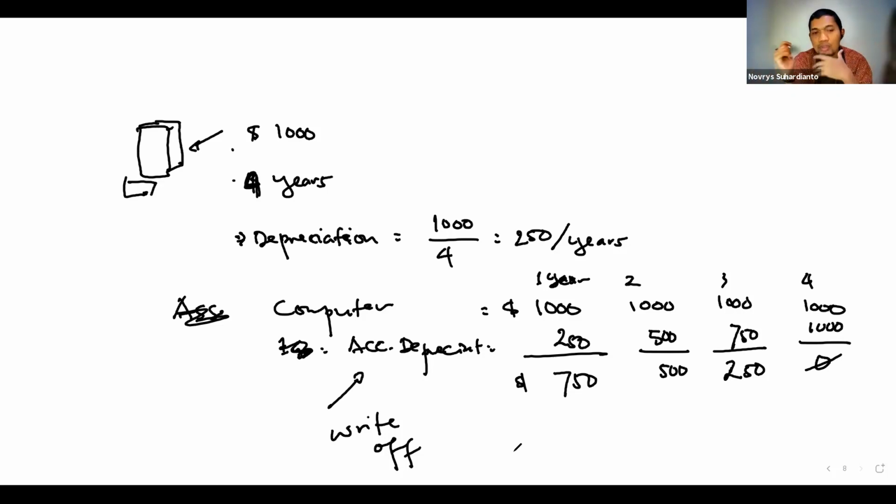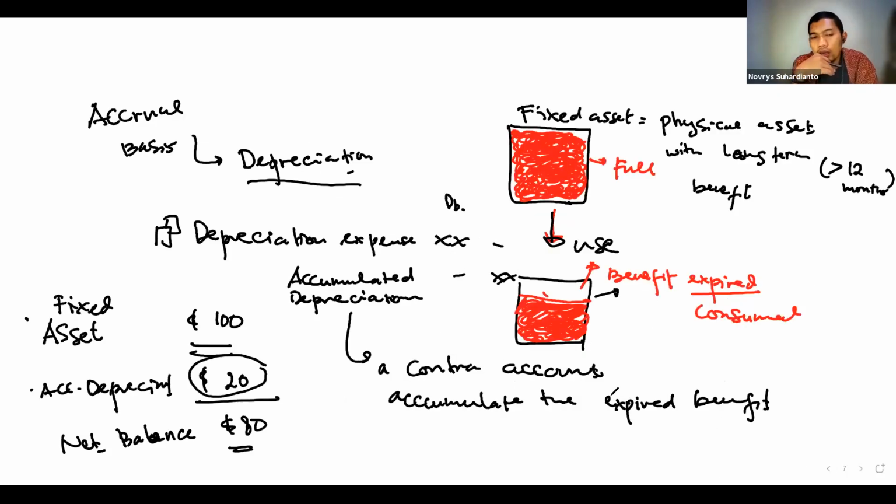How do you calculate the amount of the depreciation each year? I think it will be discussed later after the midterm. But for this meeting, for chapter 3, we only learn how to record the consumption of fixed asset economic benefit. I think I answered your question.